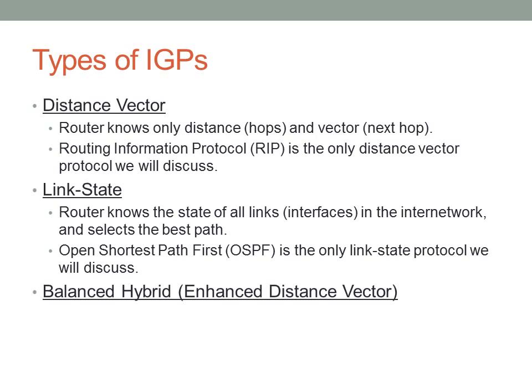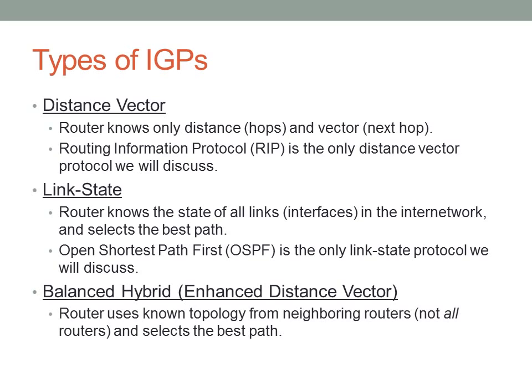And finally, we have a balanced hybrid, and I've called it enhanced distance vector, which is its probably truer name. And the idea here is that the router uses known topology from the neighbors, not all routers, and then picks the best path based on its neighboring router only. And so the neighbor is going to summarize everything past it, and this router will summarize to its neighbors in the same fashion.